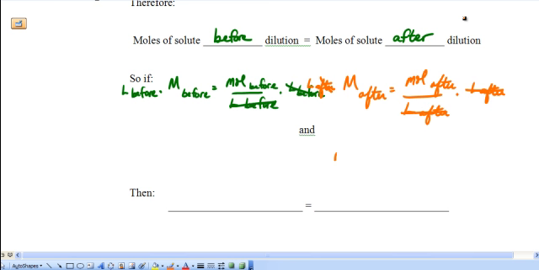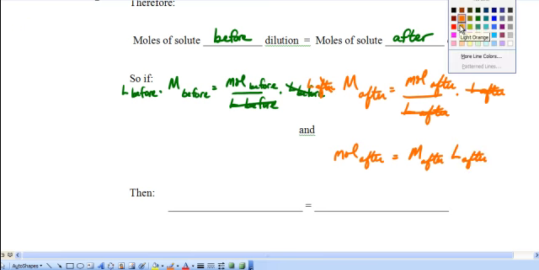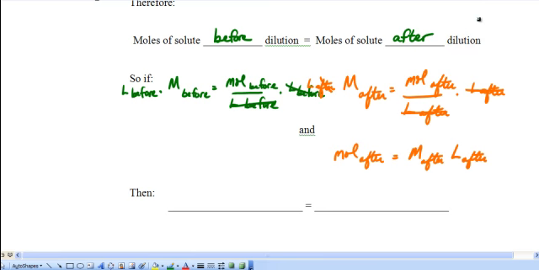Therefore, what we're left with on this side, I'm going to switch these around, the moles after is going to equal the concentration after times the volume in liters after. Similarly, if I rearrange the before, the moles before are going to equal the concentration before times the volume in liters before.